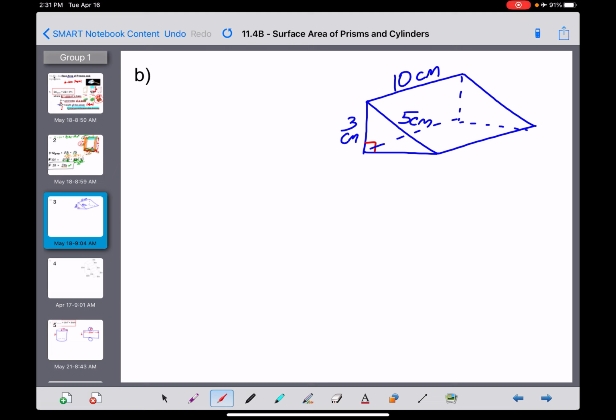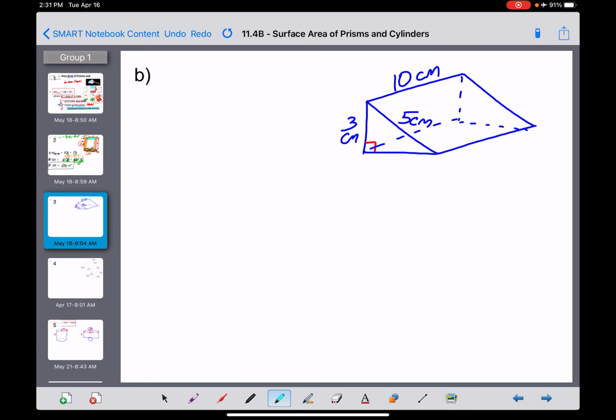This is a prism because it has two congruent and parallel polygons on opposite sides of the figure, but identifying where the bases are is the most important thing. The base is not going to be this rectangle down here on the bottom because there's no congruent and parallel rectangle up here on the top.